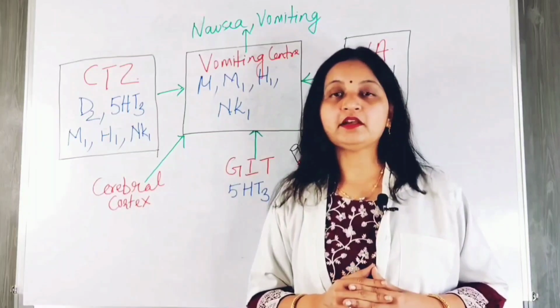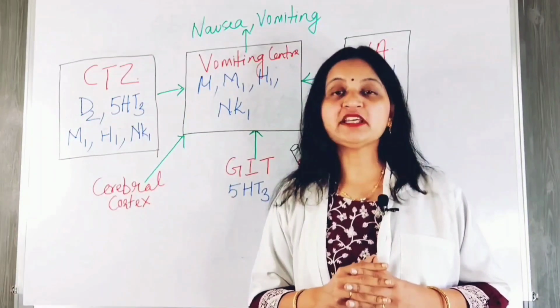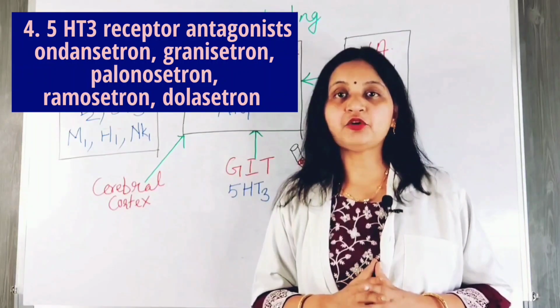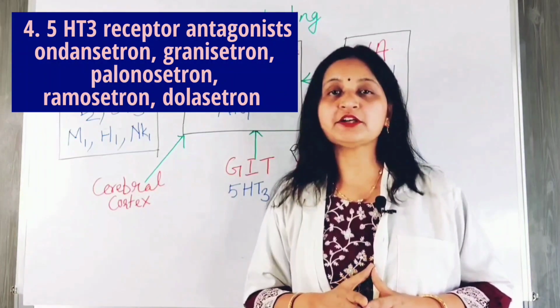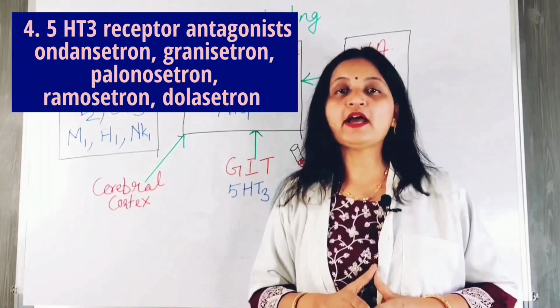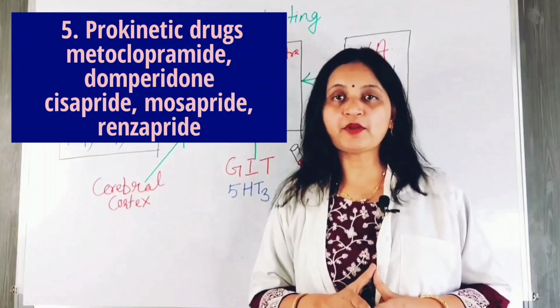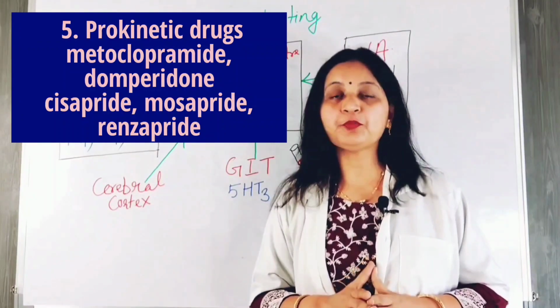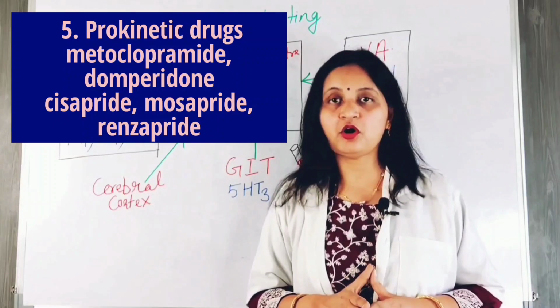The next group includes the 5-HT3 antagonists: ondansetron, granisetron, palonosetron, dolasetron, and ramosetron. The prokinetic drugs include metoclopramide, domperidone, cisapride, mosapride, itopride, renzapride, and so on.